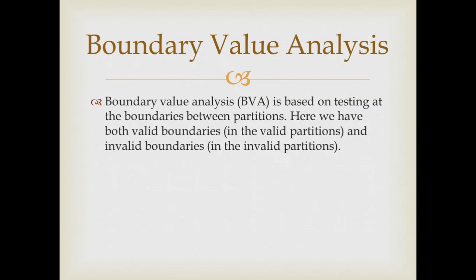So we now have three equivalence partitions, right? The first is up to 1,000, the second is 1,001 to 5,000, and the third is 5,001 to 10,000. So you have made the grouping: three equivalence partition classes.